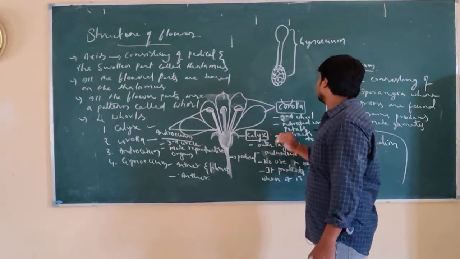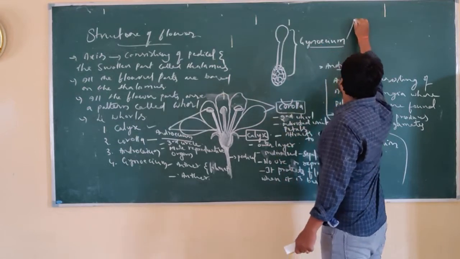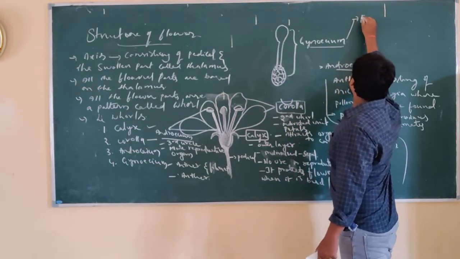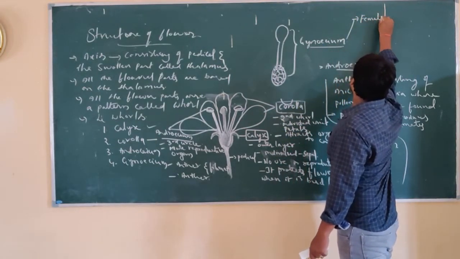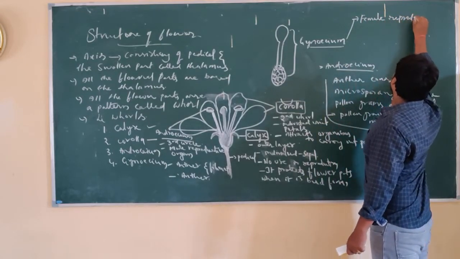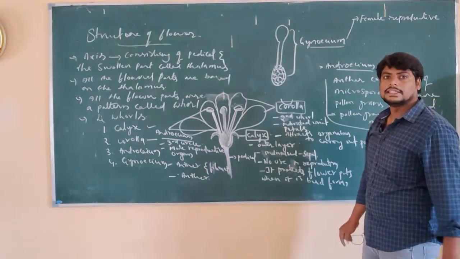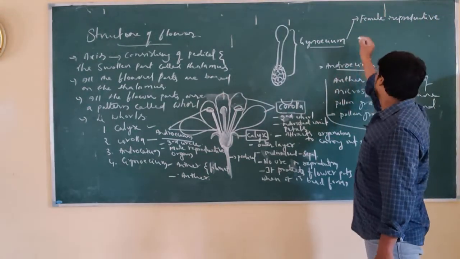And if you observe, this gynoecium is called the female reproductive part. It is called the female reproductive organ. What is the female reproductive organ of a flower? It is a gynoecium.